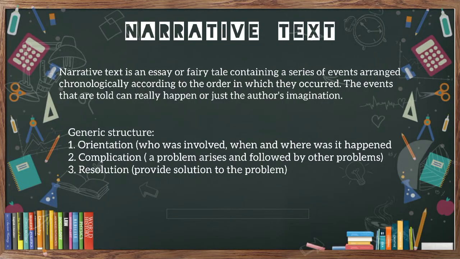Narrative text is an essay or fairy tale containing a series of events arranged chronologically according to the order in which they occurred. The events that are told can really happen or be just the author's imagination. Generic structure.